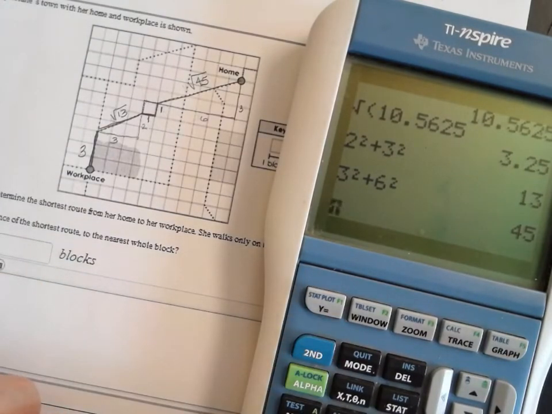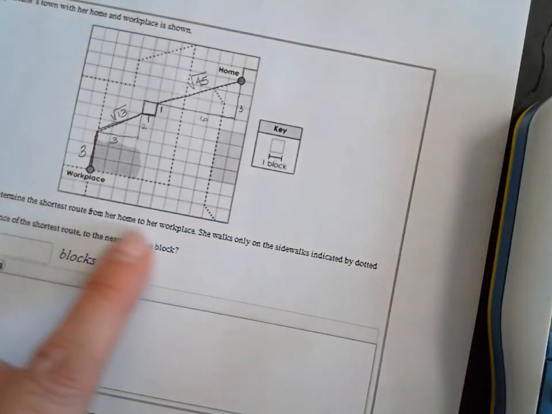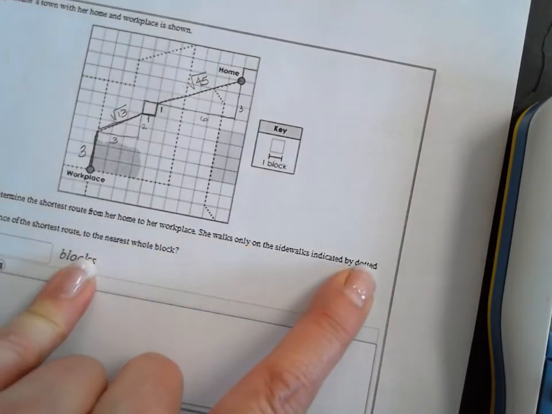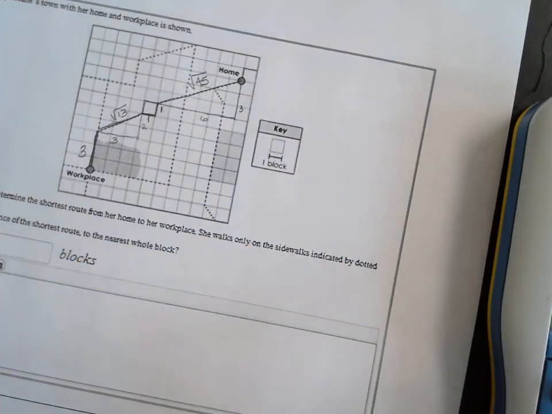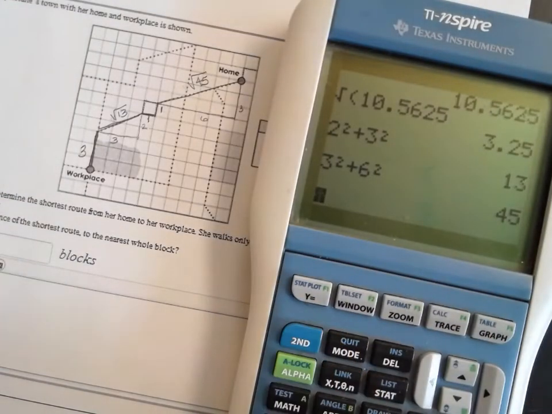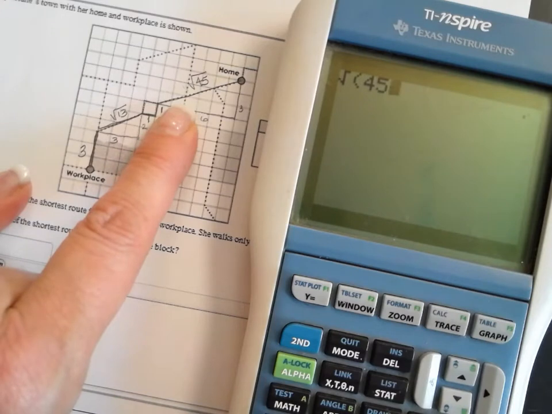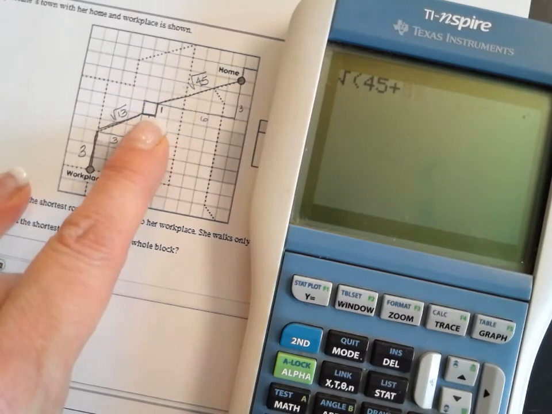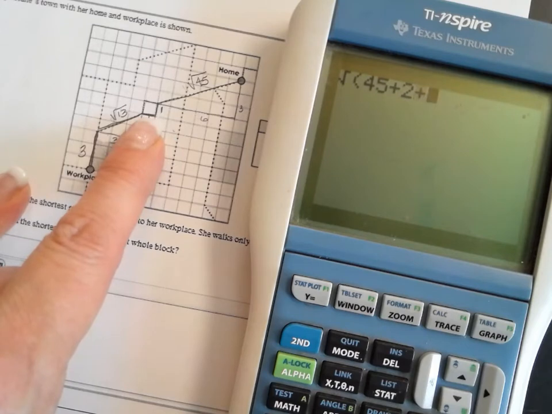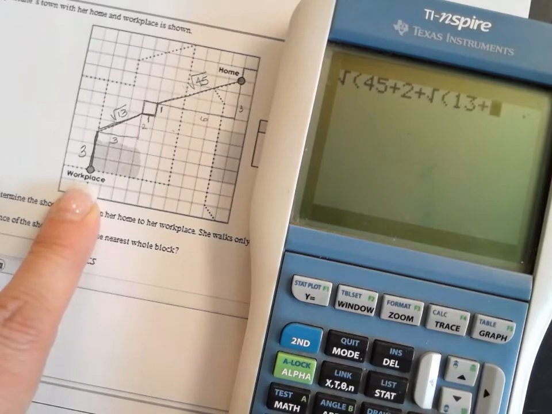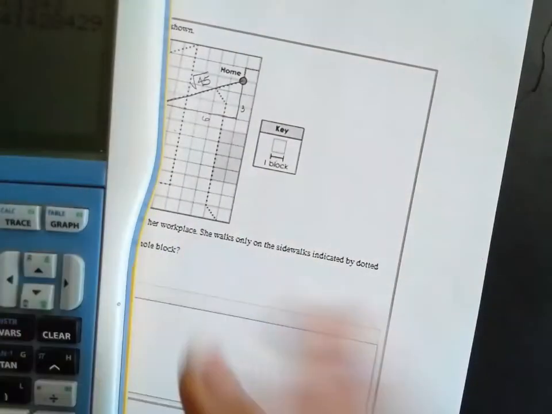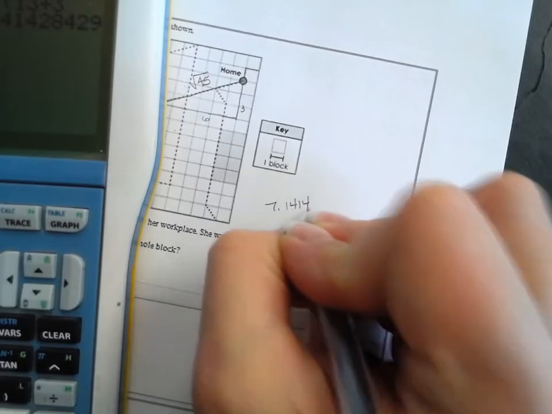No, it says she walks only on the sidewalks indicated by the dotted lines. Okay, so the square root of 45 from here to here, plus 1, 2 for around the square, plus the square root of 13 plus 3, and I get 7.1414.